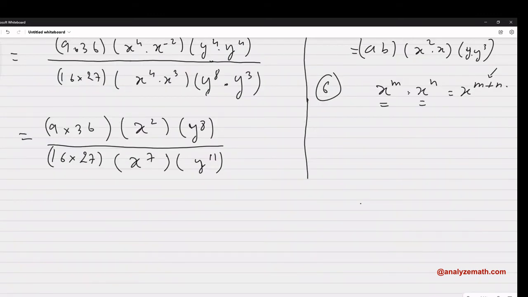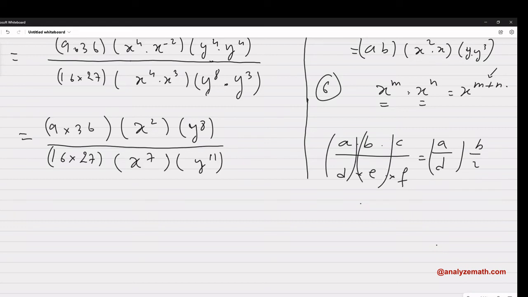Now the next rule I am going to use is a rule of fractions. If I have a times b times c in the numerator, multiplied by d times e times f in the denominator, this can be written as a over d, b over e, and then c over f.